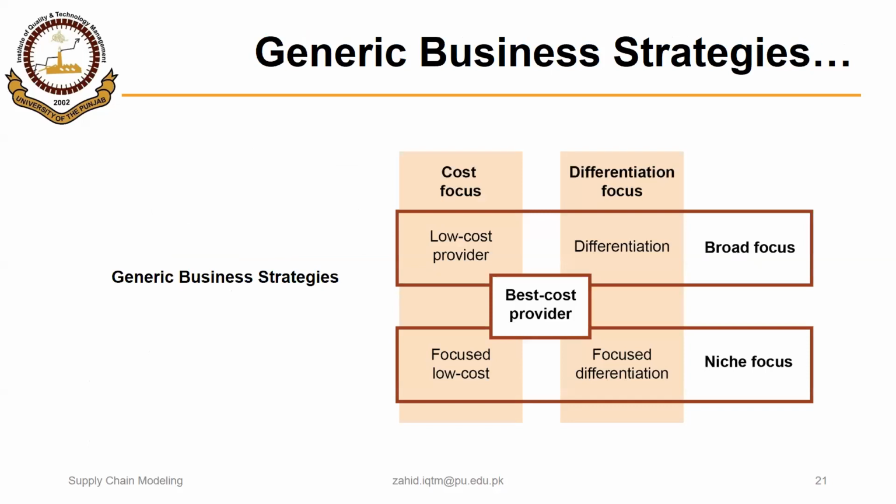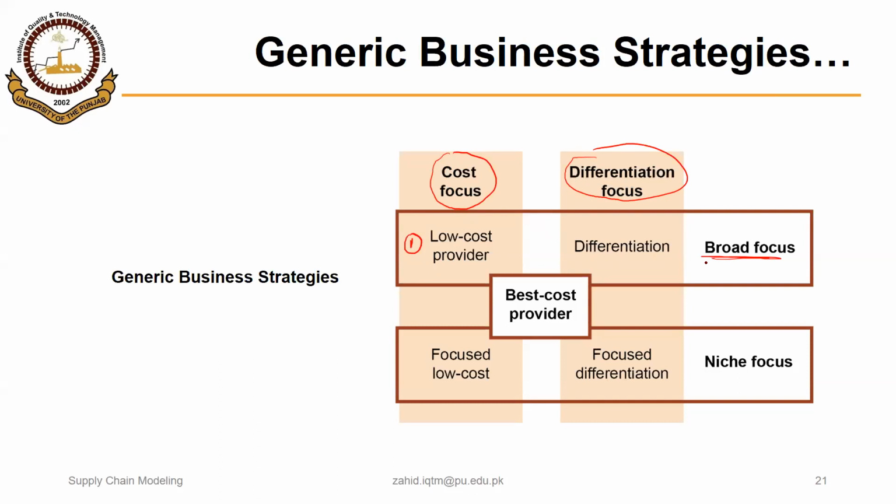Here these five strategies are shown pictorially. There are a few strategies that are more focused on cost. Others are more focused on differentiation. If the low cost strategy has a broad focus, we call it low cost provider strategy. That was our first strategy.